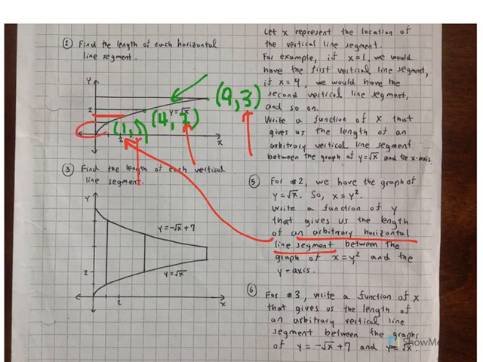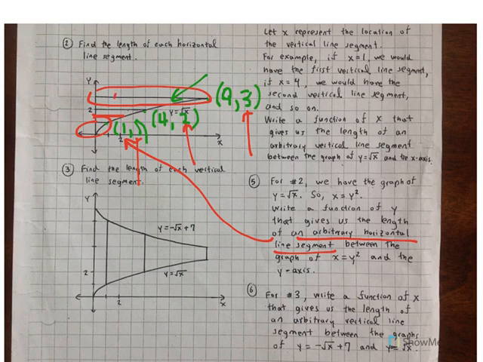So for the short one here, both endpoints have a y coordinate of 1. And for the longest one, both y coordinates are 3. So the y coordinate of an endpoint will tell us where our arbitrary horizontal line segment is.